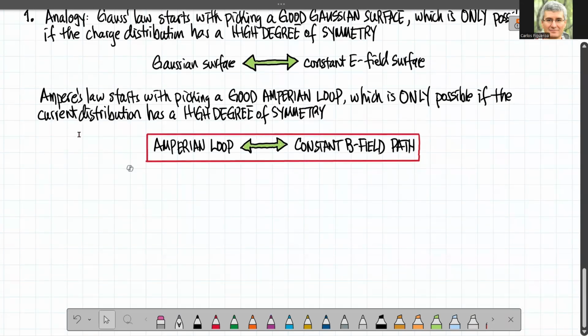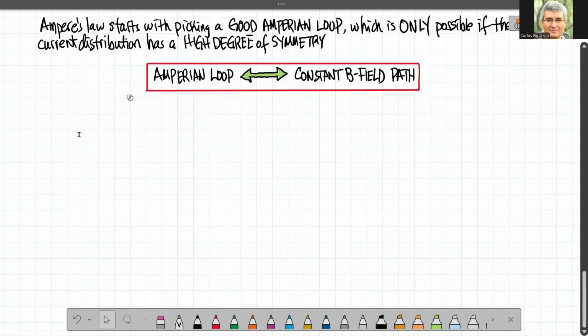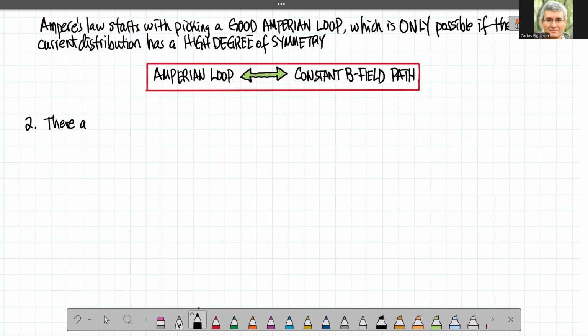So now let's just finish up by talking about the Amperian loops and what's possible. I'm going to go to the second thing. There are only two possible Amperian loops.